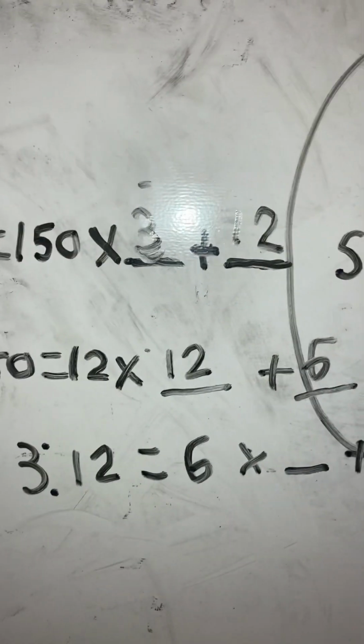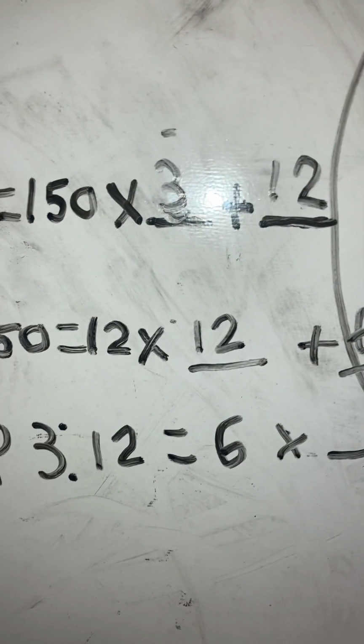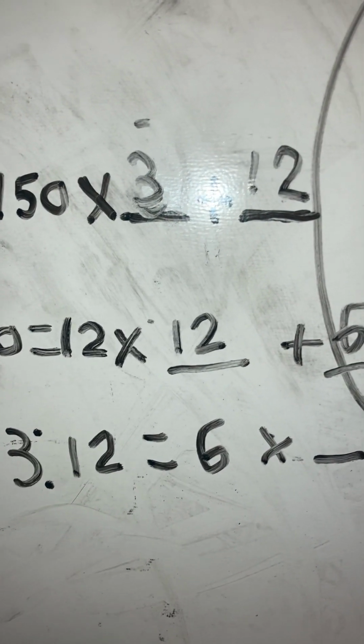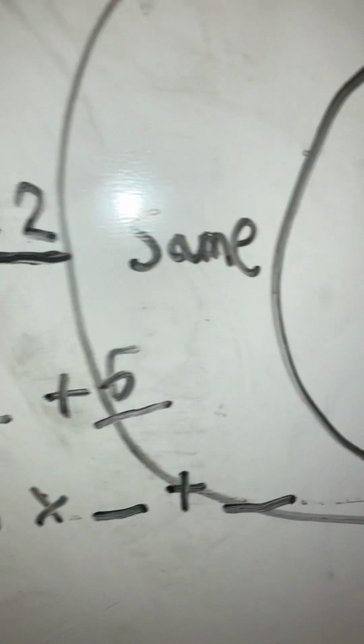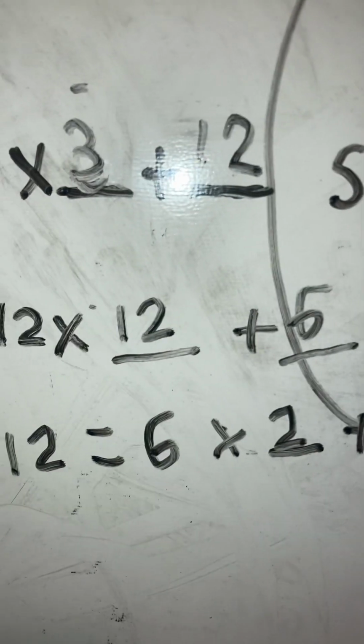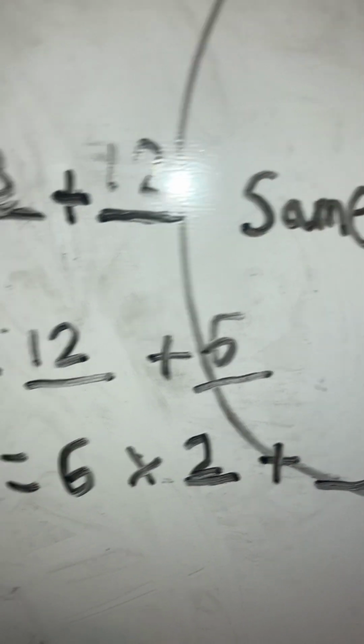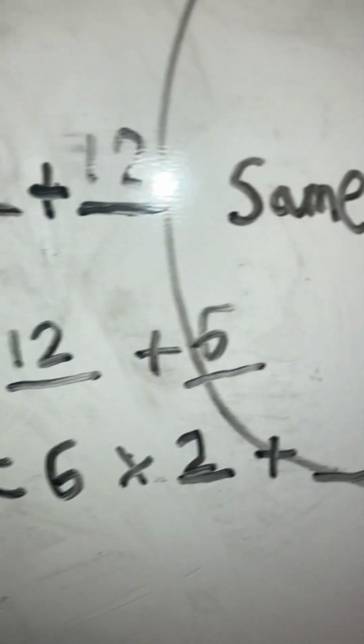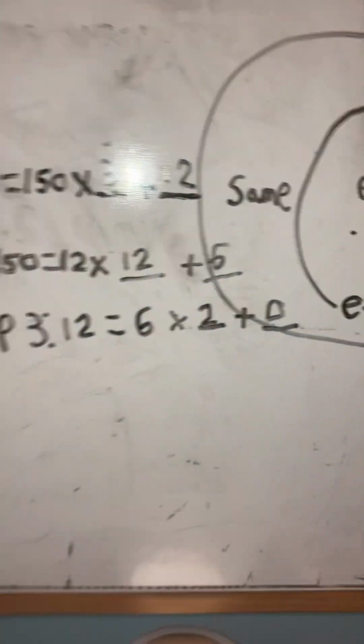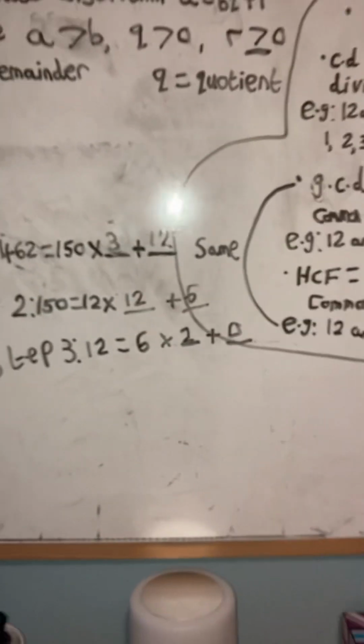Which numbers fill the blanks? 6 times 1, too small; 6 times 2, hits perfectly. So 6 times 2, and 6 times 2 is 12, so we've got a remainder of 0. Now when you've got a remainder of 0, you can stop.